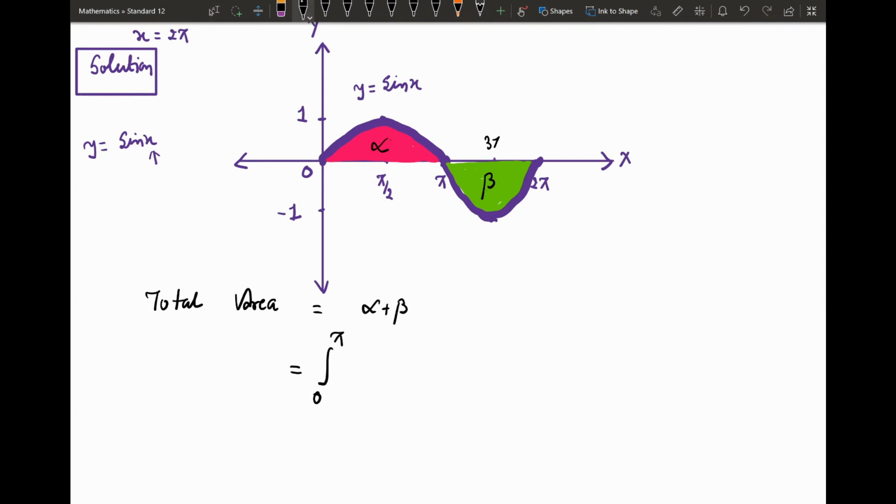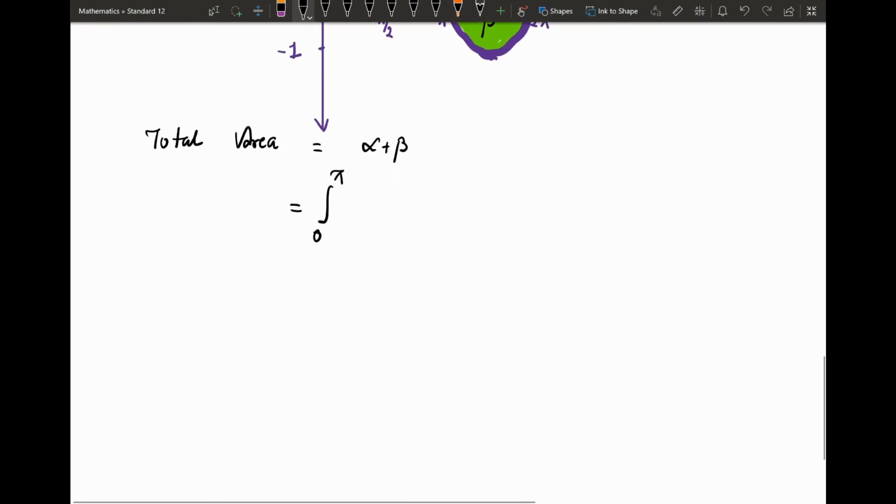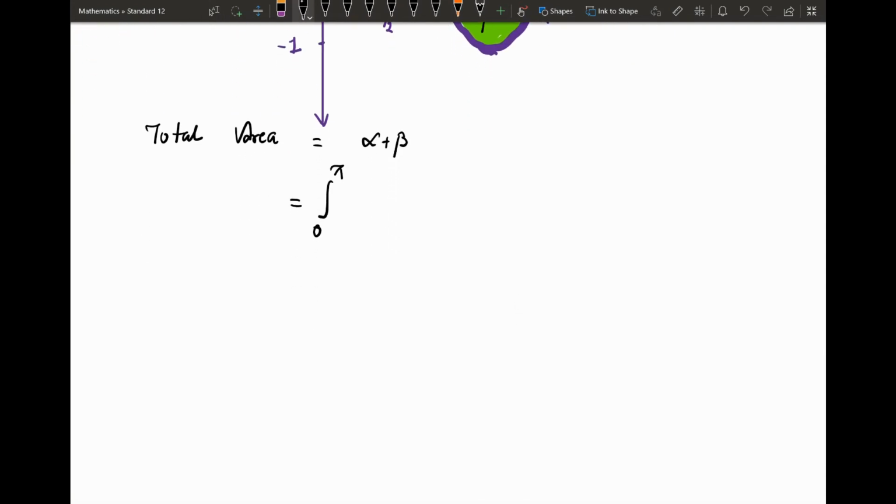This is 3 pi by 2. So 0 to pi sin x dx, and in pi to 2 pi y is negative, so we will take minus sin x to evaluate.